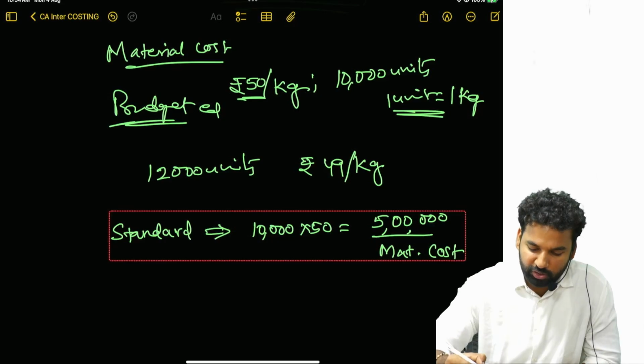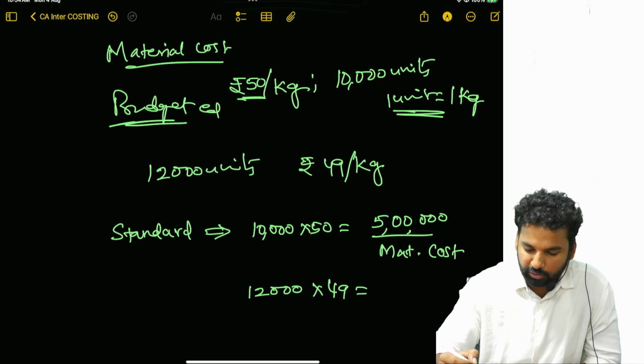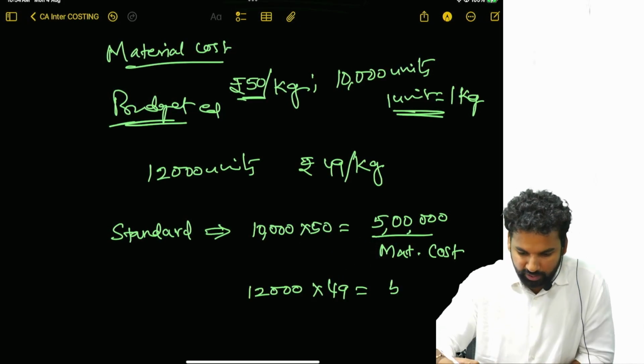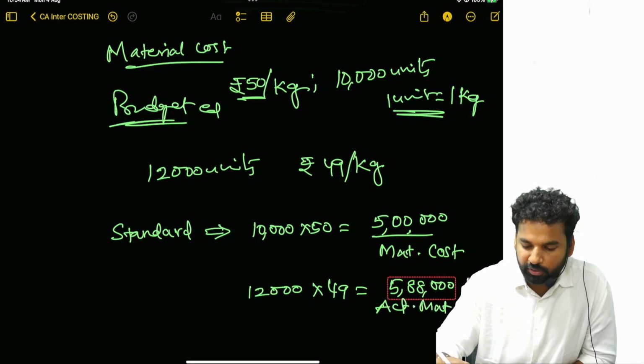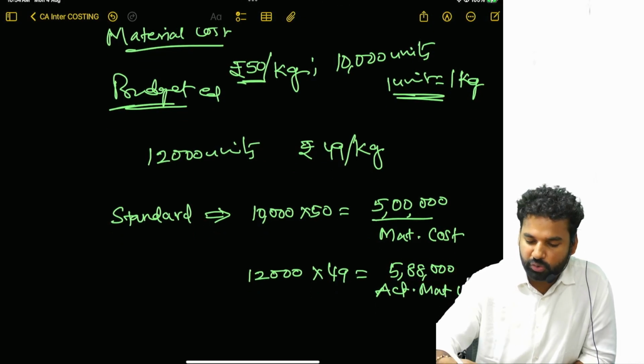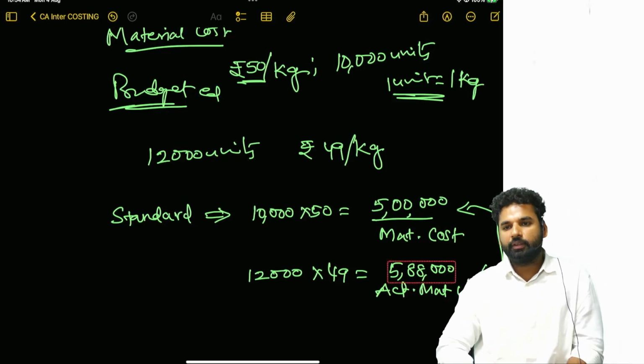What is the cost now? 12,000 into 49, 5 lakh 88,000 you are getting. This is actual material cost. These two can be compared.